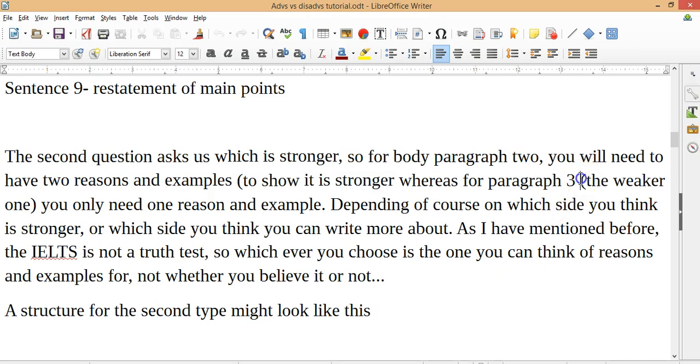Whereas for paragraph 3, the weaker side, we only need 1. Now this depends of course upon which side you think is stronger or weaker, or more importantly, whichever you can think of reasons and examples for. That's the one that you choose as stronger or weaker.